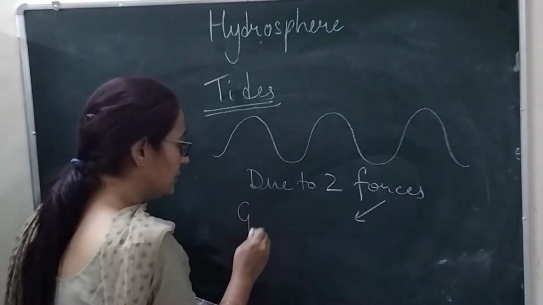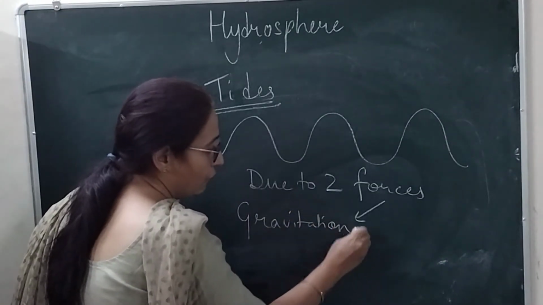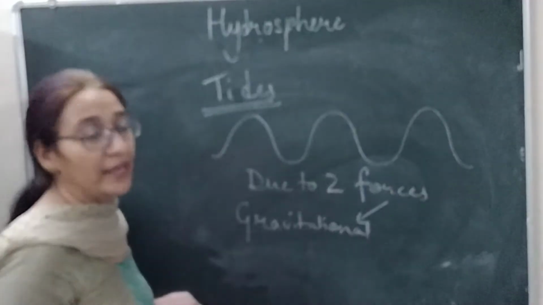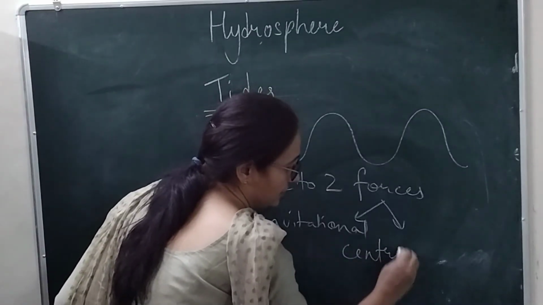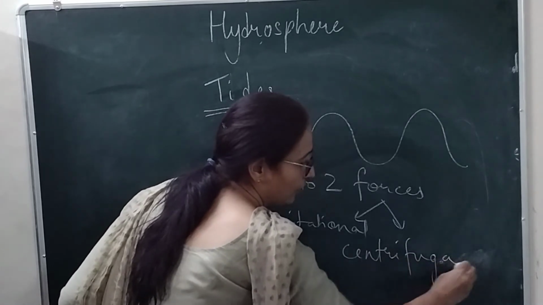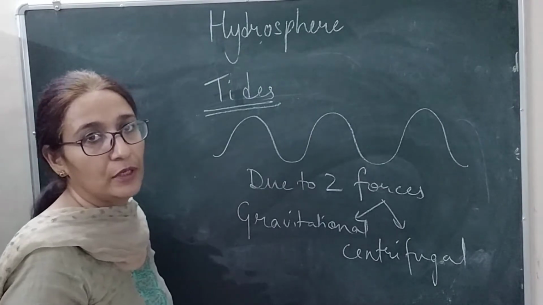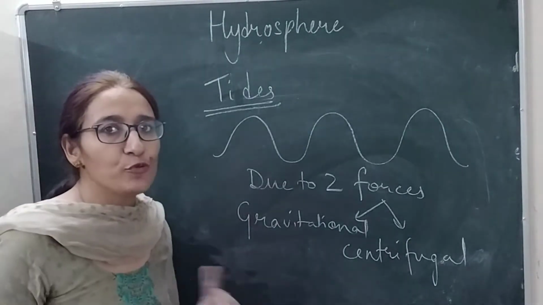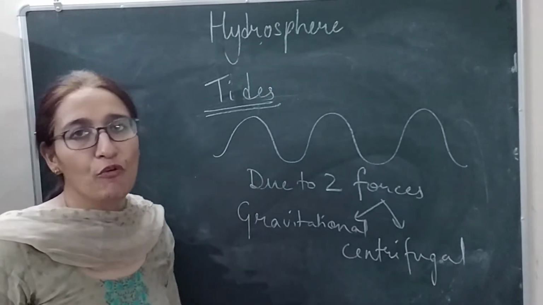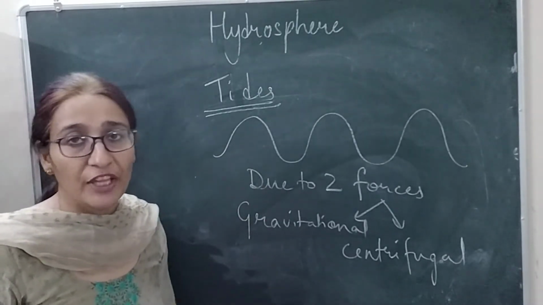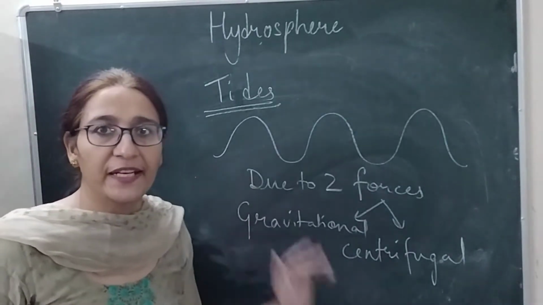One is the gravitational force of the moon and the sun, and another is the centrifugal force of the earth. So we can say there is one similarity between waves and tides, that is the up and down movement of water.